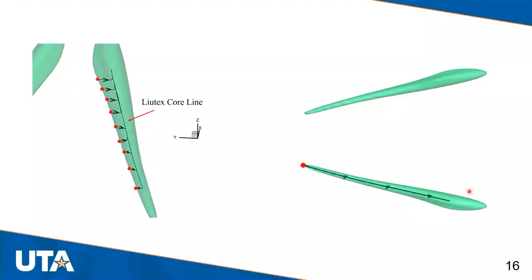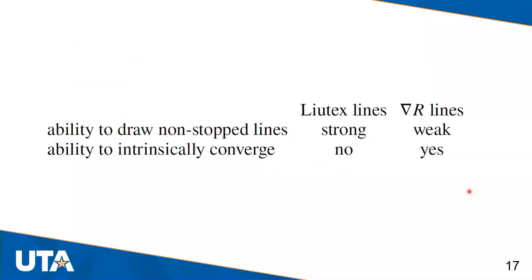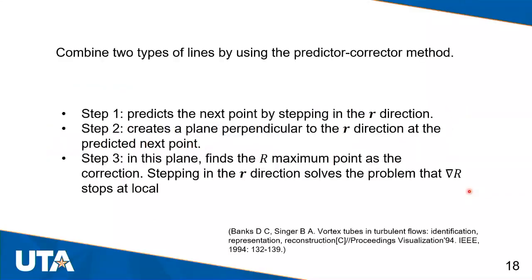So this is the problem of the gradient line. It's hard to get the complete structure of the vortex. So each line has its strong and weak properties. So what do we do?